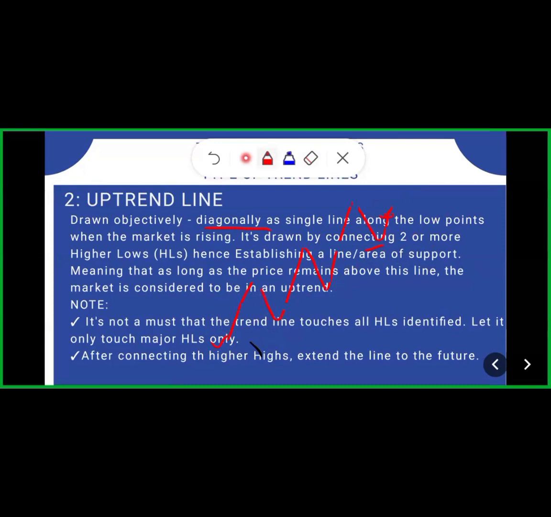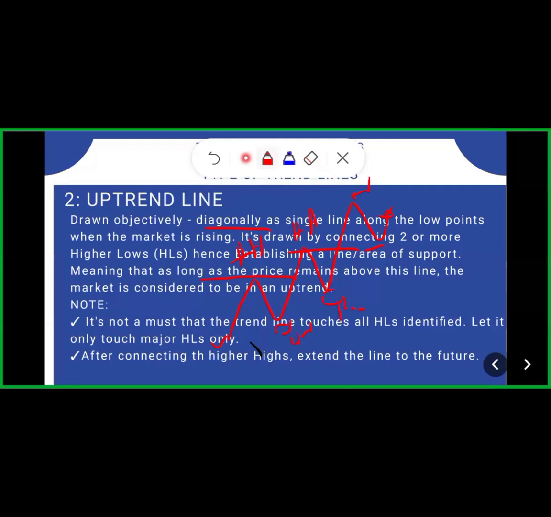So of course, this is a break of structure. These are breaks of structure that brought about the formation of new higher highs. Because normally once the structure is broken, a new higher high is formed. Right now, let's take it for instance that these 2 points are the key higher lows you have identified so far.